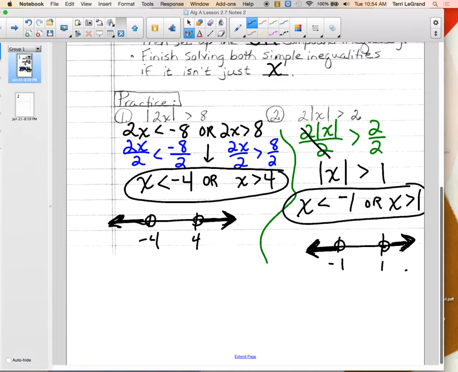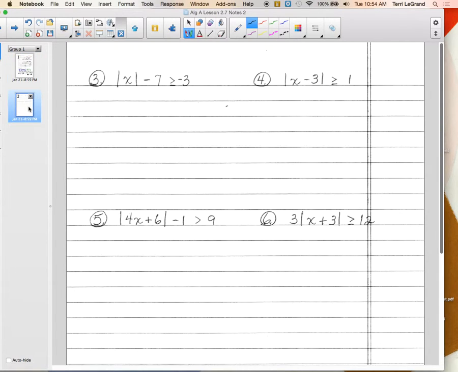Okay, so let's go to the back and see what kind we're going to practice here. Okay, what do you think is our first move in number 3? Add 7. Add 7 to both sides because why? What's our reason for doing that?